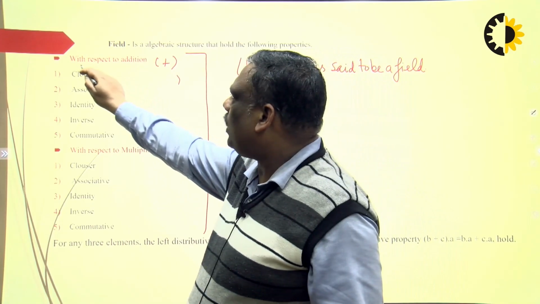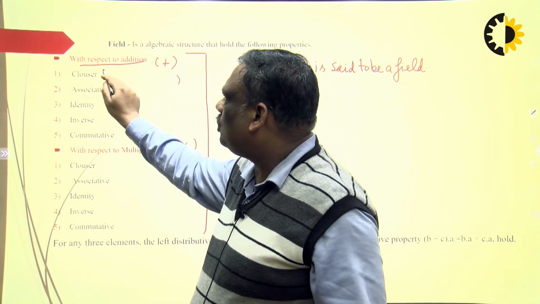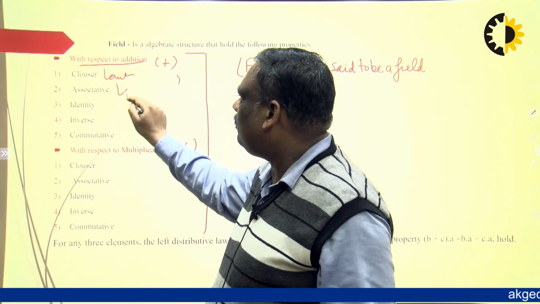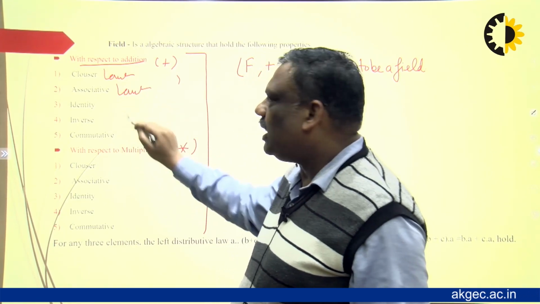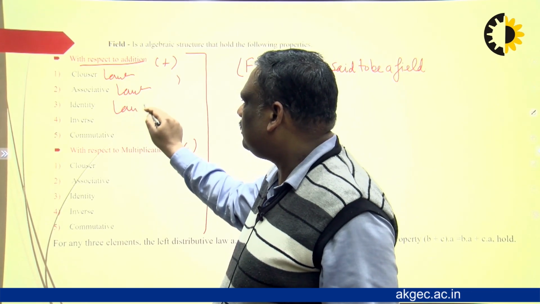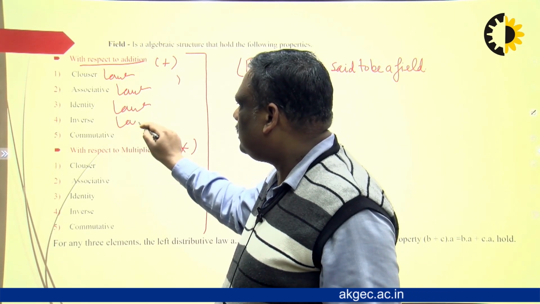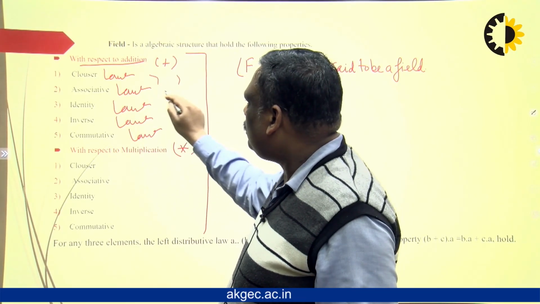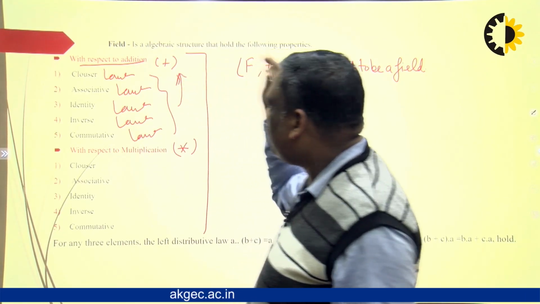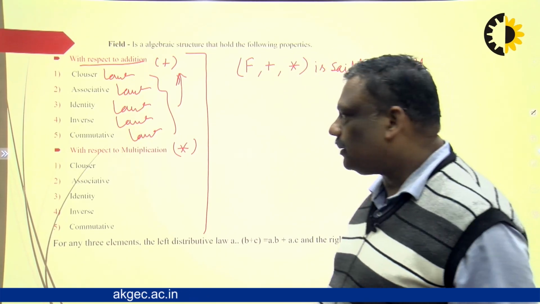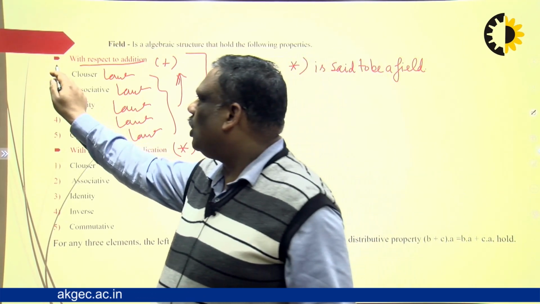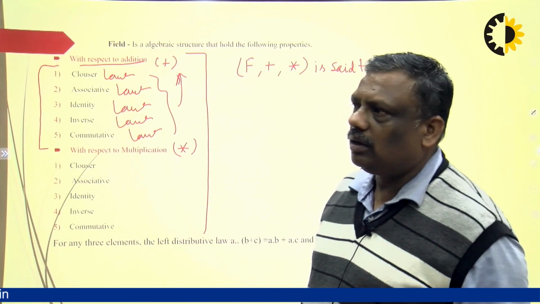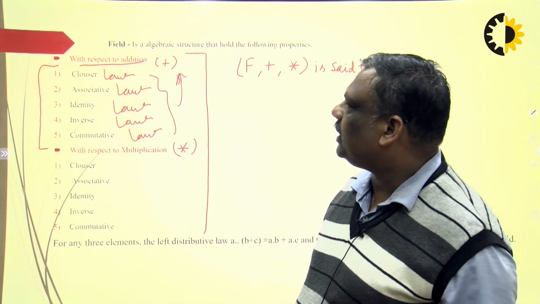With respect to addition, it holds the closure law, then associative law and identity law, inverse law and commutative law with respect to the addition operation. That means we can say that it holds an abelian group with respect to addition.